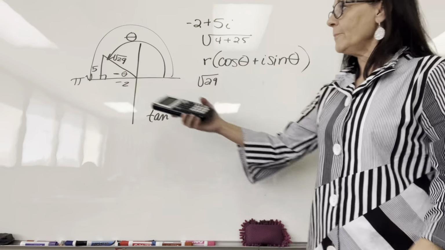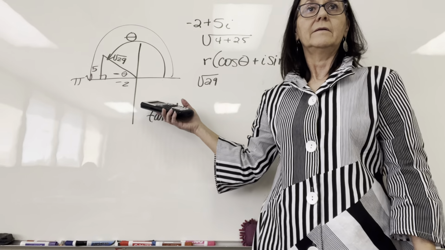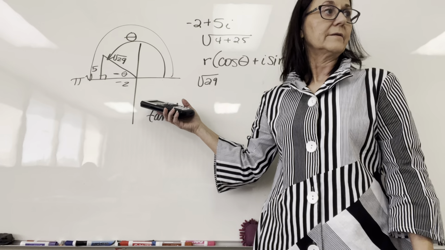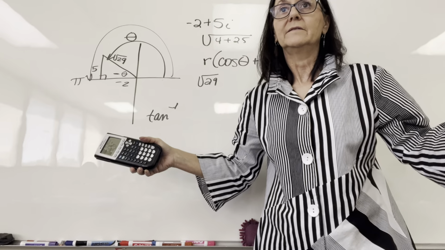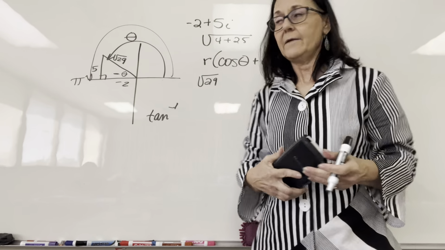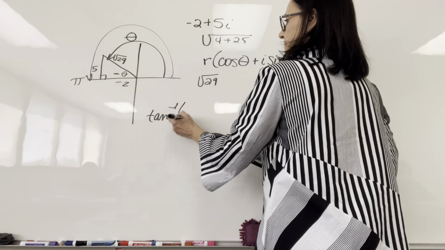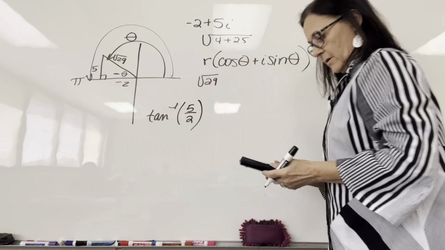All right, so if I put my negatives in here, you know where it's going to give me an answer in? The fourth quadrant. Don't put the negatives in. Just figure out what the angle is. Okay? So it's opposite over adjacent, 5 over 2.